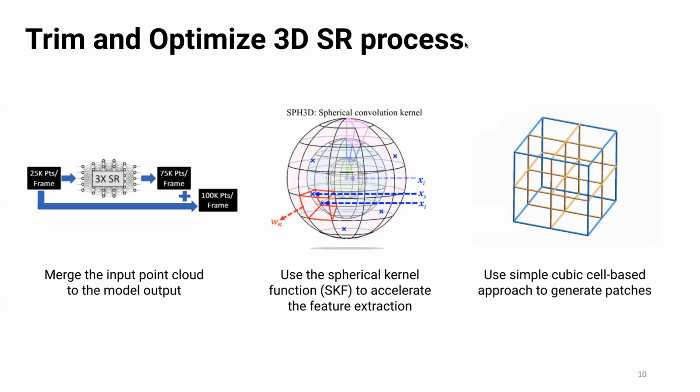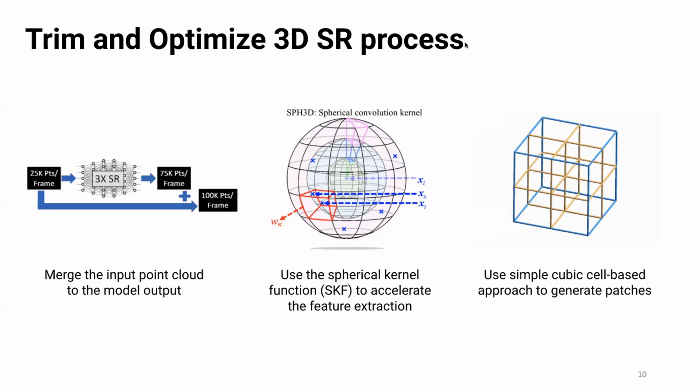And after that, they do super resolution. However, when they upsample the seed patches, they get redundant points in other patches. So they need to remove those duplicated points in other patches. So they have to also execute a further point remover process, which is post-processing.